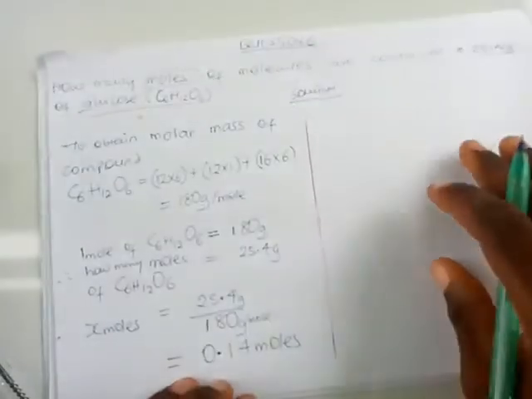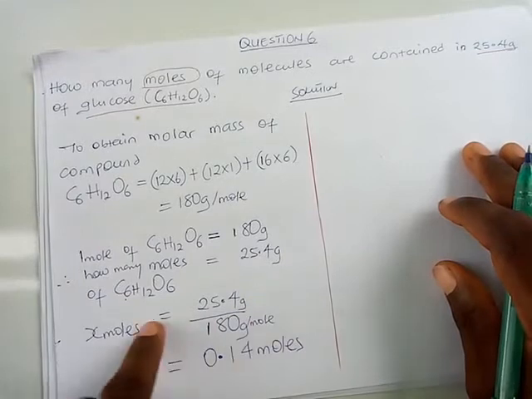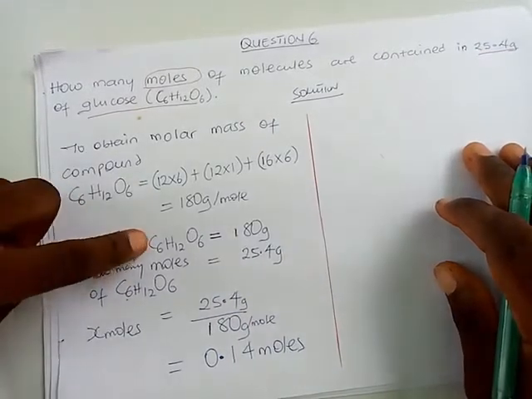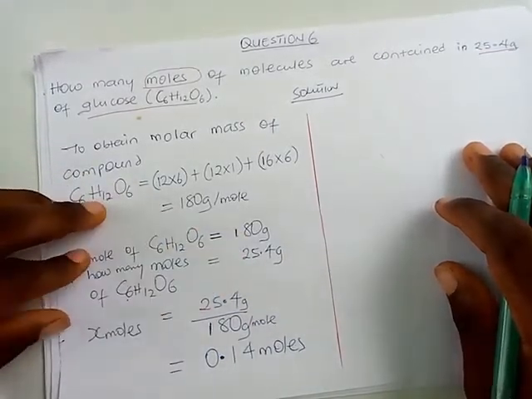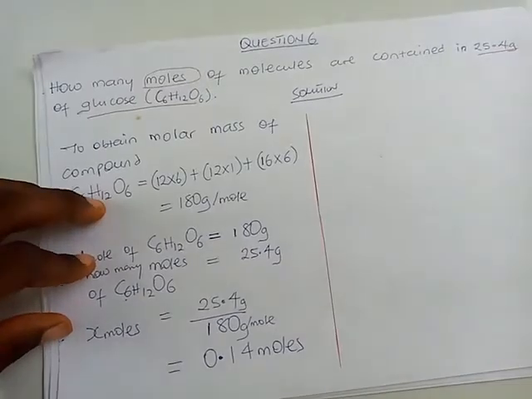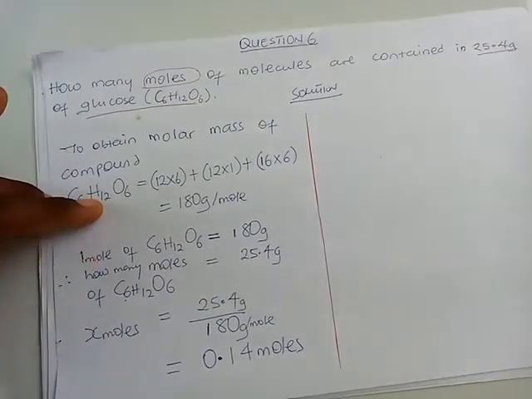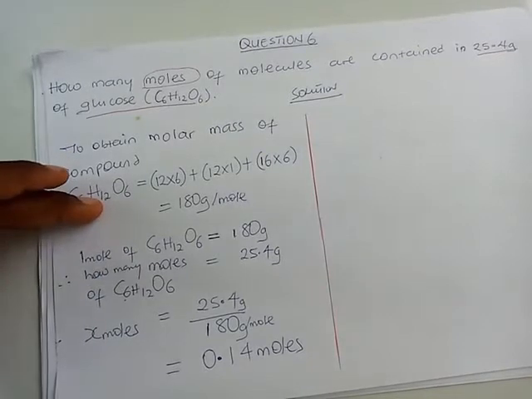What this means is that 1 mole of glucose weighs 180 grams, and also that 0.14 moles of glucose weighs 25.4 grams.